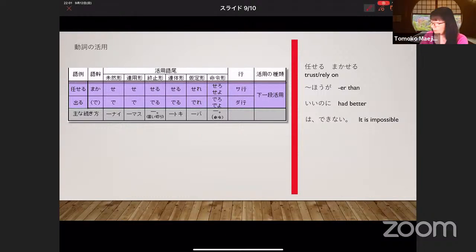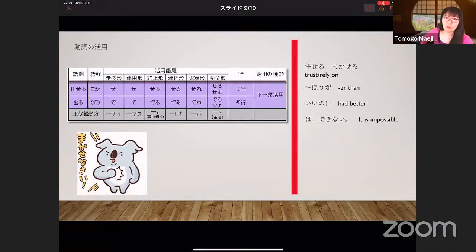So one more to go. I think we can speed up. So here's the koala. The koala is saying, "Leave it to me. Trust me, rely on me."